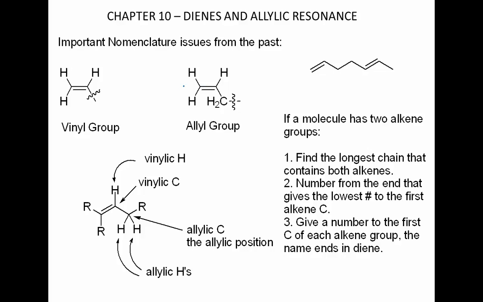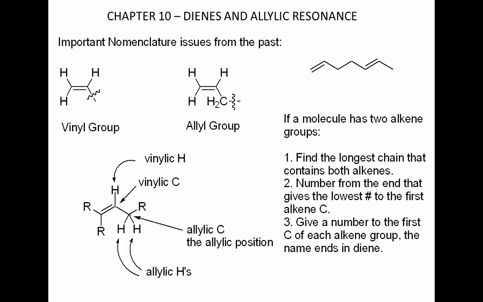Okay, so when we have a compound that has a double bond in it and we're looking at the adjacent position, we're going to use these terms that you see in this diagram to describe the position of these groups. Okay, so this is a vinylic carbon.